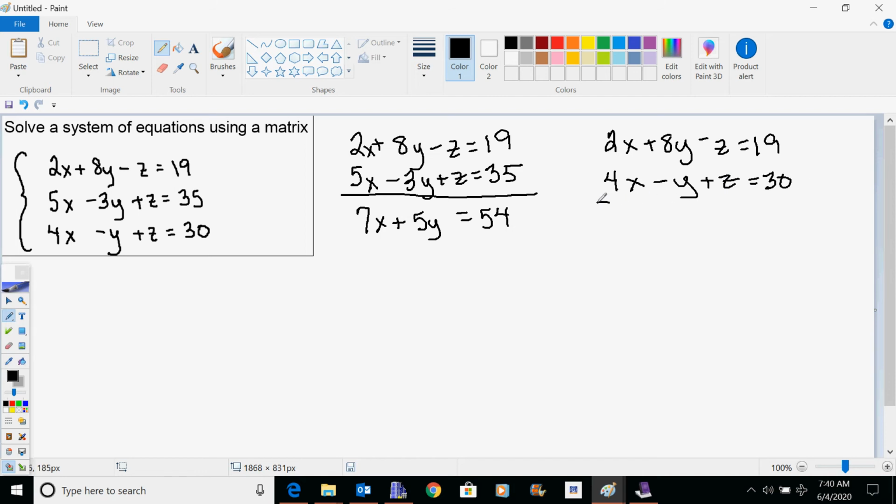Okay, and we'll put these together. 6x plus 7y equals 49, and that's the heart of the beginning.